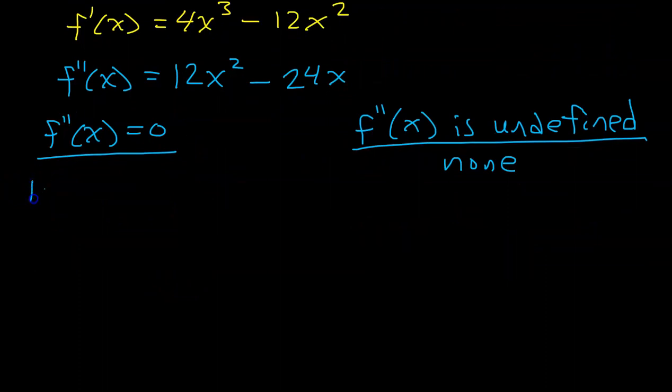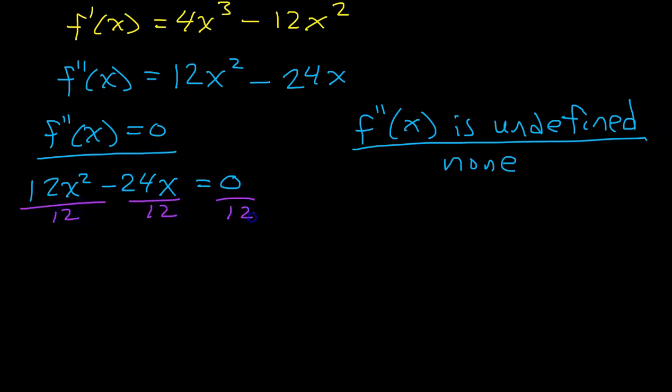So setting this equal to 0, we see that both terms have a 12, so there's nothing to stop us from dividing both sides by 12, just to make our job simpler. So that's going to leave us with x squared minus 2x is equal to 0.